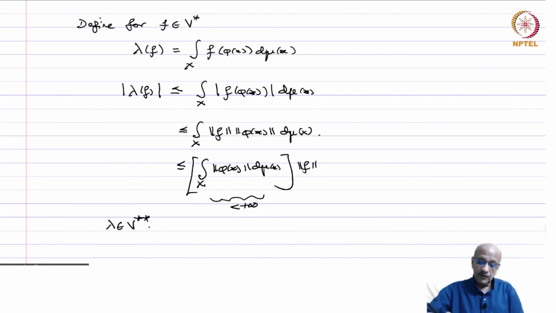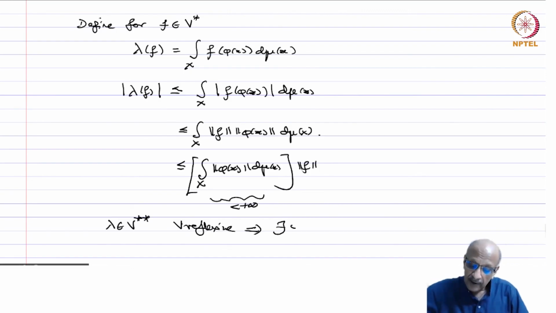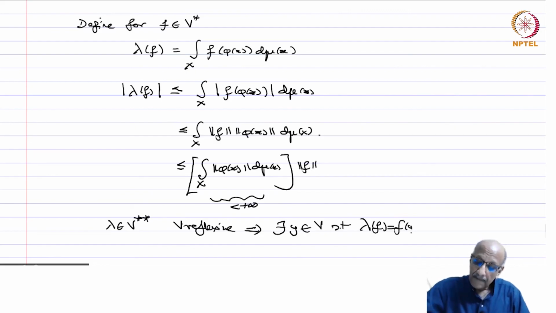It's a continuous linear function. V is reflexive, that means lambda is to be the evaluation function. So V reflexive implies there exists a y in V such that lambda of f equals f of y for every f in V star.